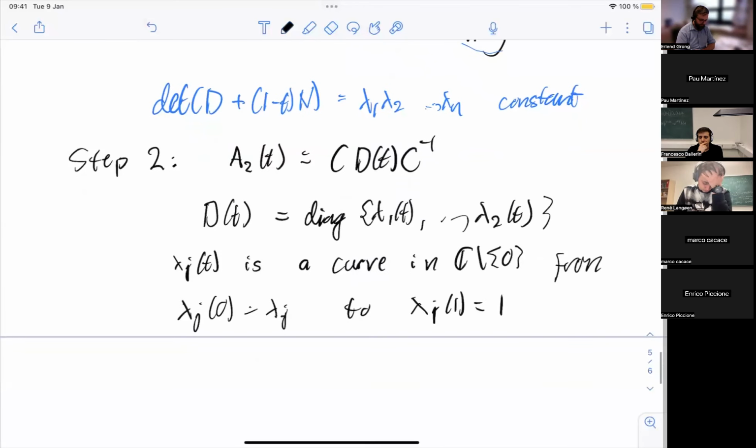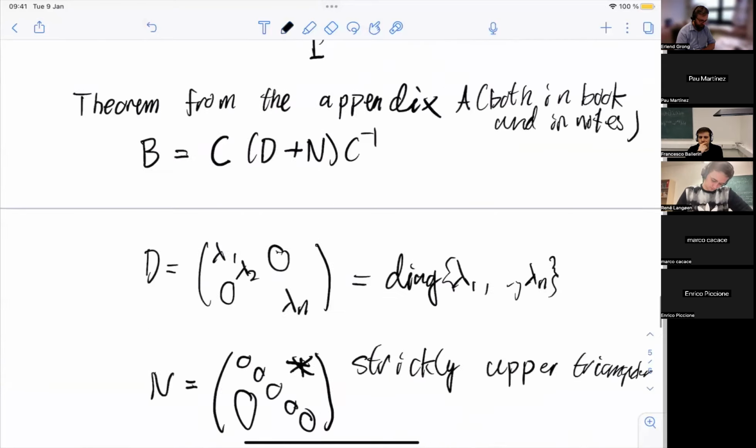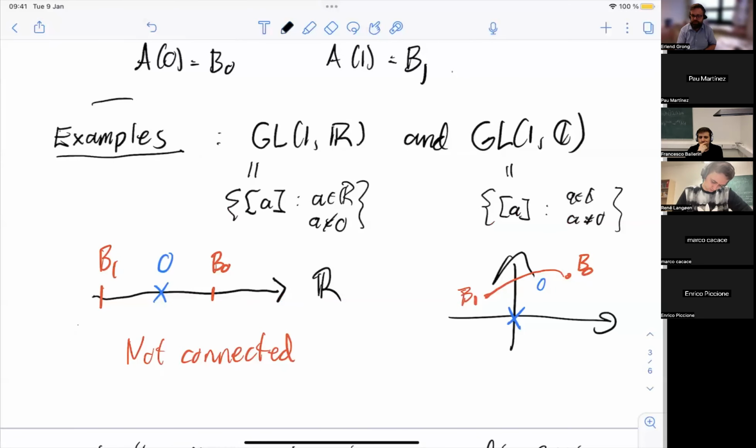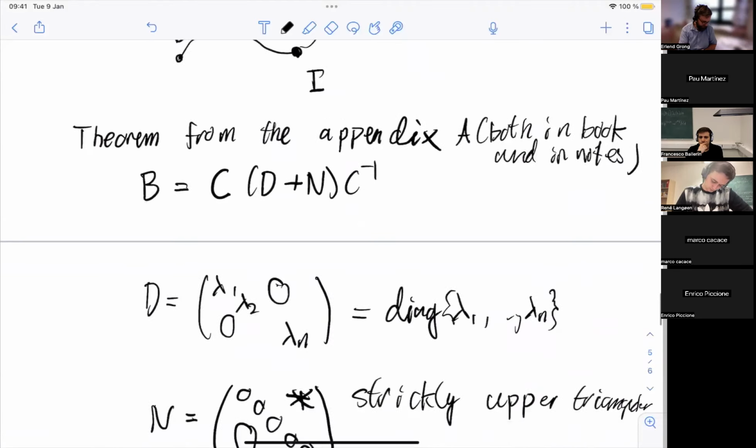So again, if you permit, I know you're taking notes, but I'll do a short skip up again. Again, we're just using here that the complex numbers without zero are connected. So if I have any complex number, I can always go to 1 without crossing zero.